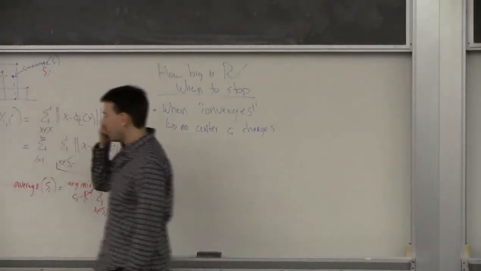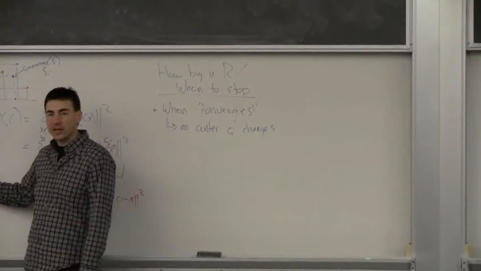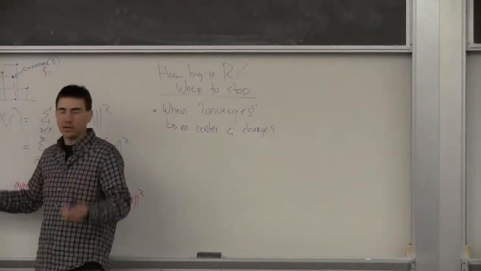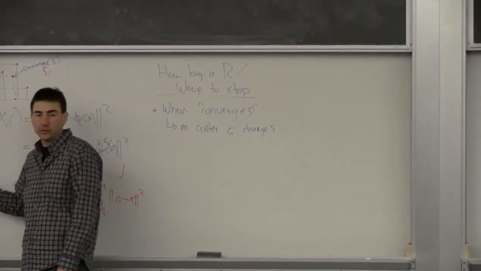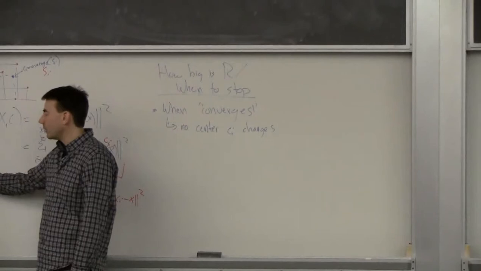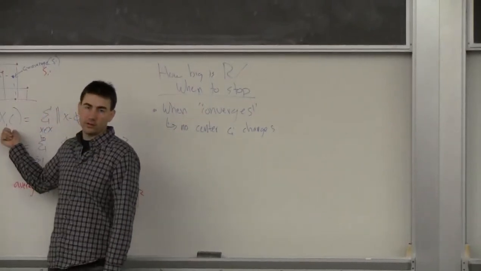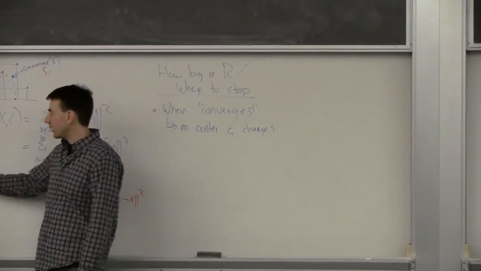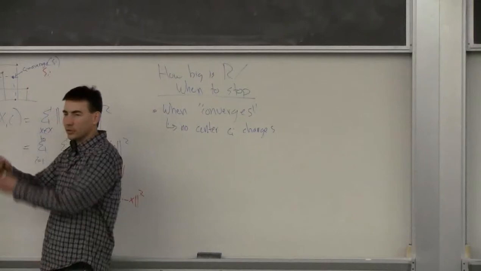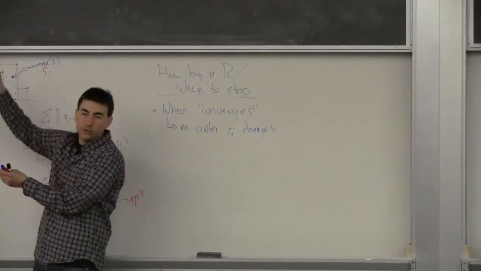And if I ever get the same set twice, then the algorithm must stop, because if the sets don't change, the centers won't change. And I know I won't return to a previous set because the cost was always decreasing. I would have to go to another set with a lower cost and then go back up to a higher cost.